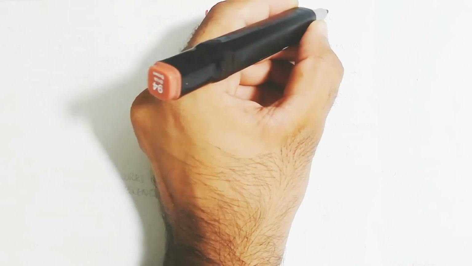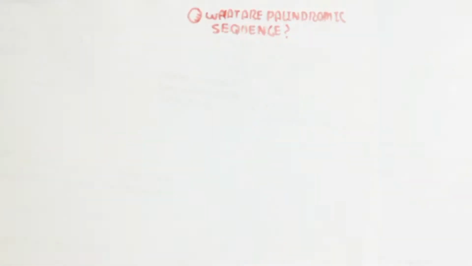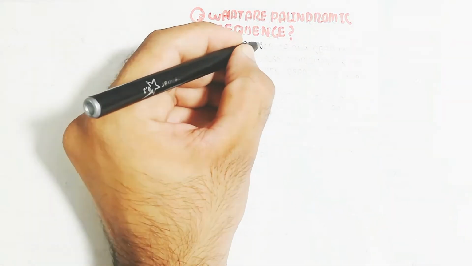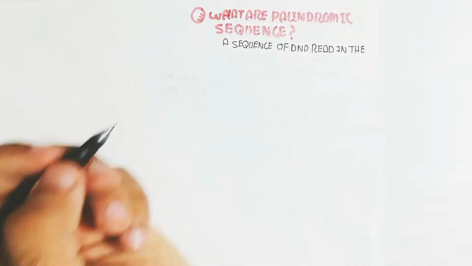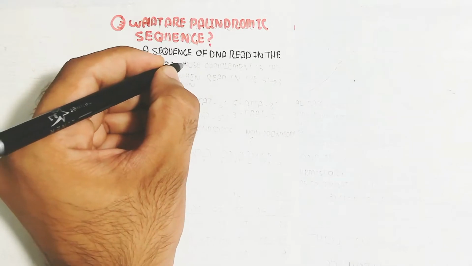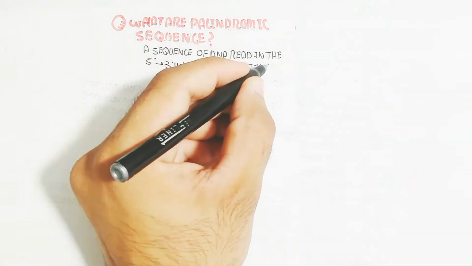First of all, we need to understand that a palindromic sequence is a sequence of DNA read in the 5' to 3' direction whose complement is the same when read in the 5' to 3' direction. That means the same complement.